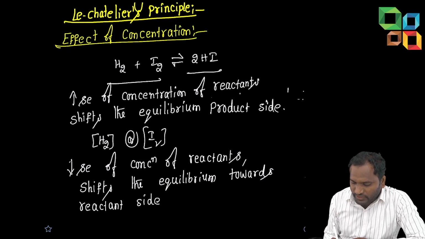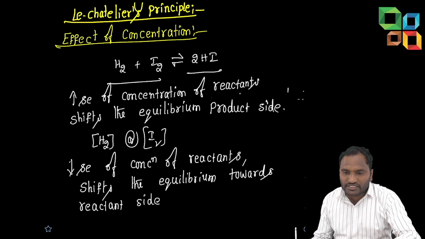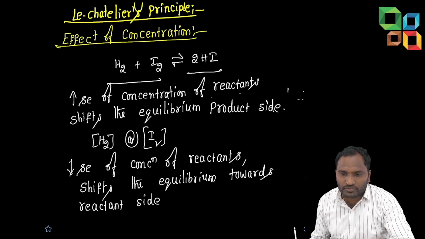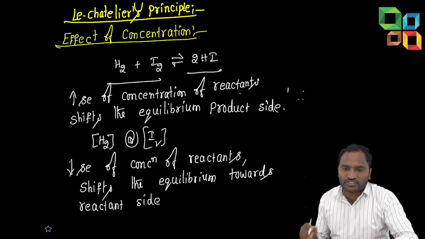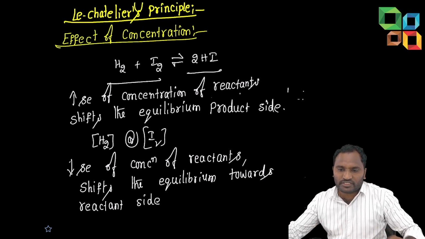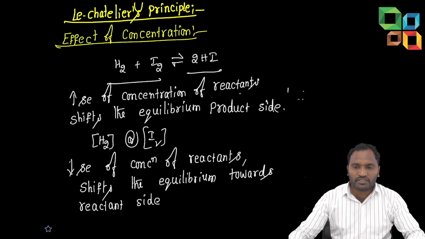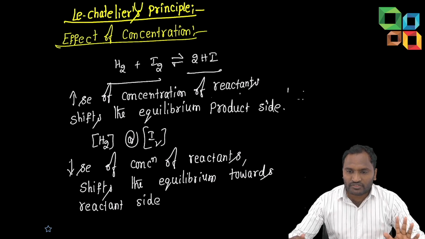Understood students? If you increase the concentration of reactant, this side stress is more. To overcome the stress, they move to the opposite side where the stress is less. That is only the effect of concentration.